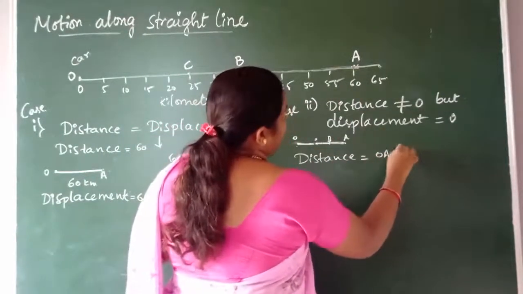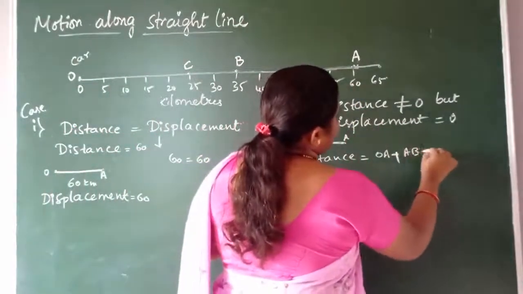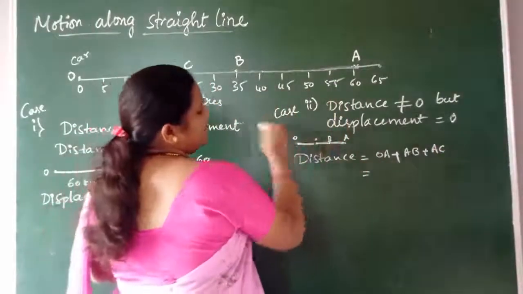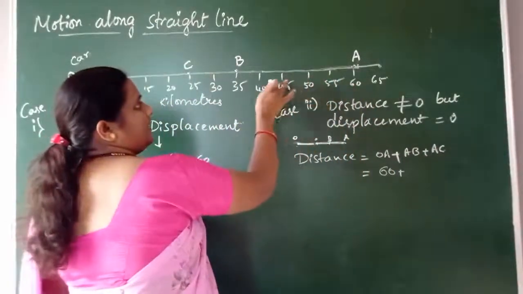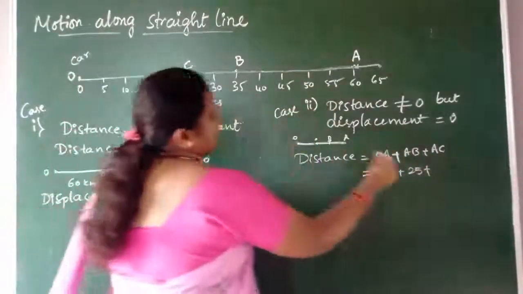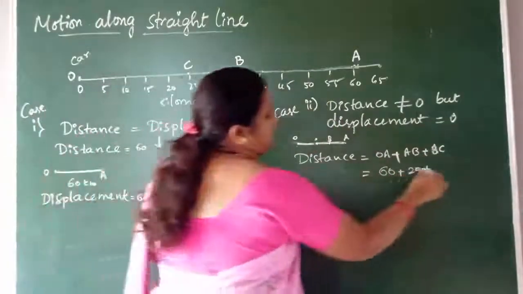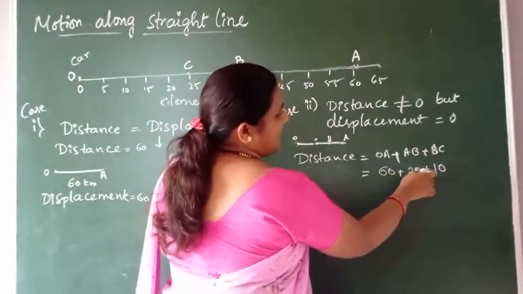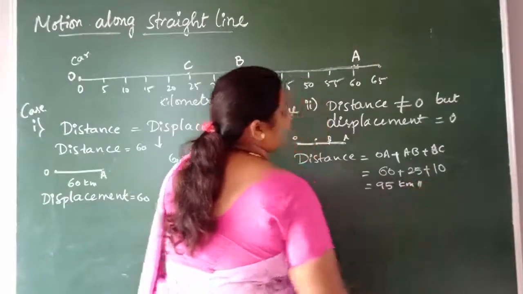OA plus AB plus BC is the total distance. Here, what is the OA value? 60 plus AB, 5, 10, 15, 20, 25, plus BC. This is not AC, sorry, BC, isn't it? 5 and 5, 10. 60 plus 25, how much, children? 85. 85 plus 10, 95 kilometers is the distance.